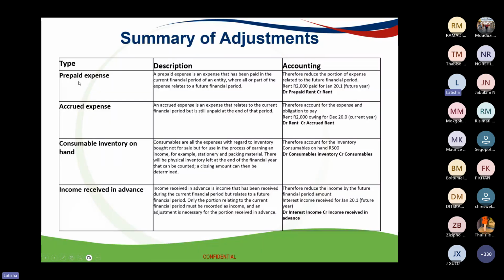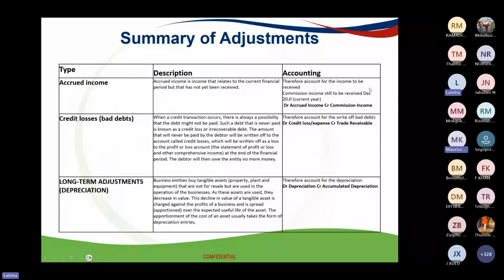So this would be an asset. An accrued expense would be the opposite. We have not yet paid this expense, so then it becomes a payable. And similarly with income received in advance, we've received it in advance versus accrued income. We have not yet received it. So your understanding is correct.